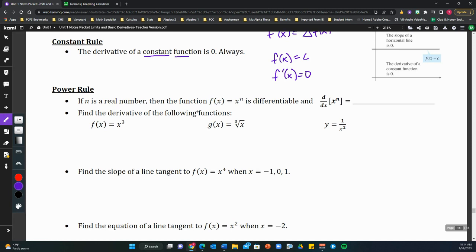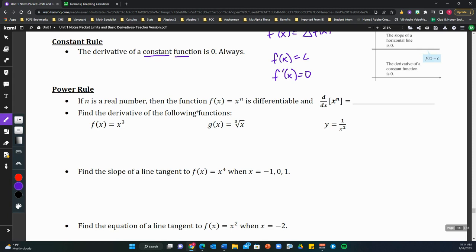There's only one exception to this, and we'll talk about that along the way. The rule here is if n is a real number, then the function f of x equals x to the n power is differentiable. Again, it's a well-behaved function, no sharp turns that naturally occur or anything like that.